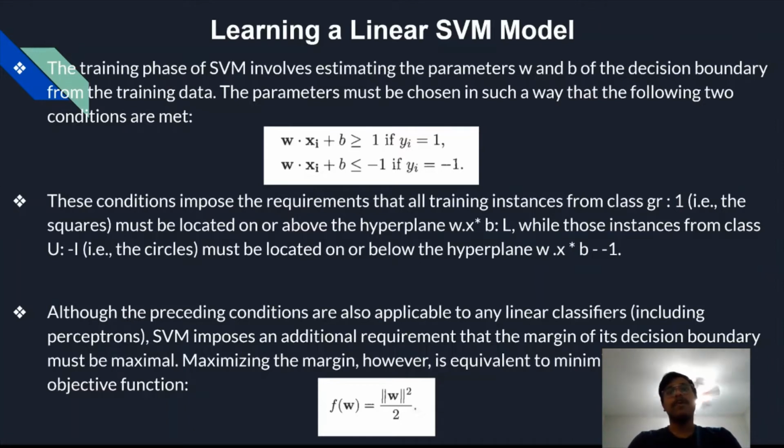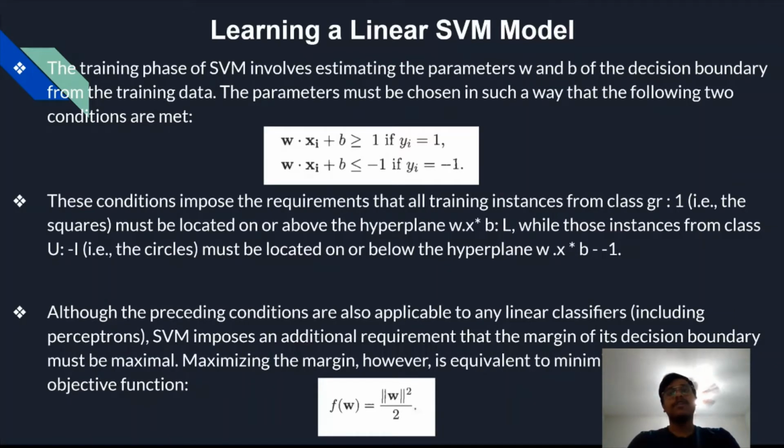If y of i is equal to 1, then the dot product of w and xi plus b must be greater than or equal to 1. If y of i is equal to minus 1, then the dot product of w and xi plus b should be less than or equal to minus 1. So these conditions should be met for the training phase.